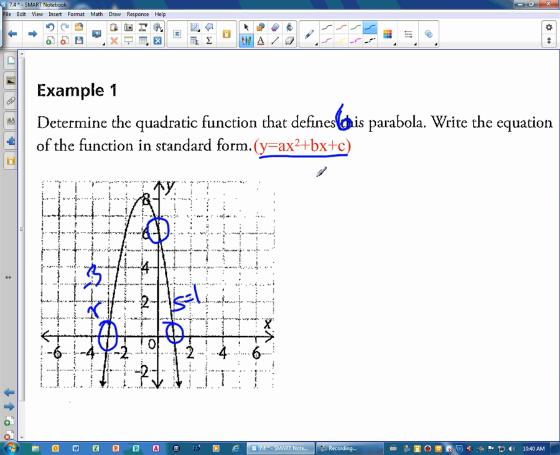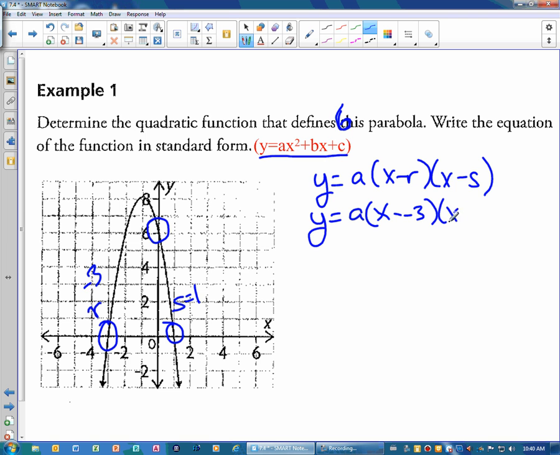So if I write it in the factored form, remember it's x minus r, x minus s, here's r, r's -3. So x subtract -3. X subtract 1. So right now I'm at y equals a(x plus 3)(x minus 1).